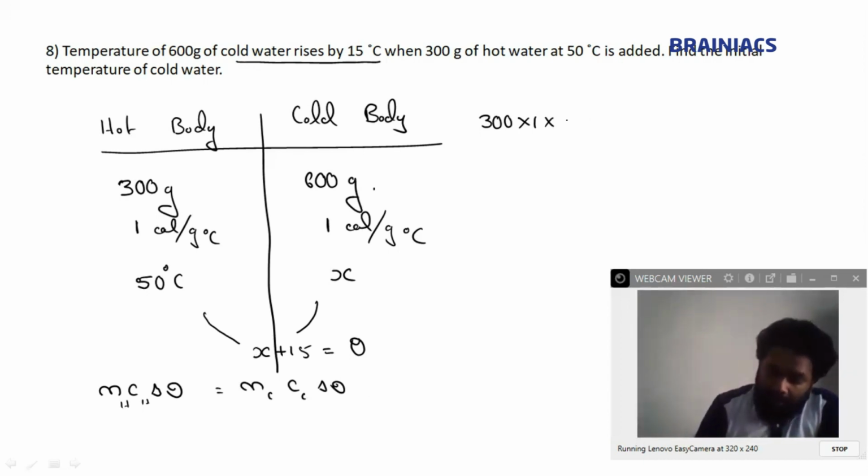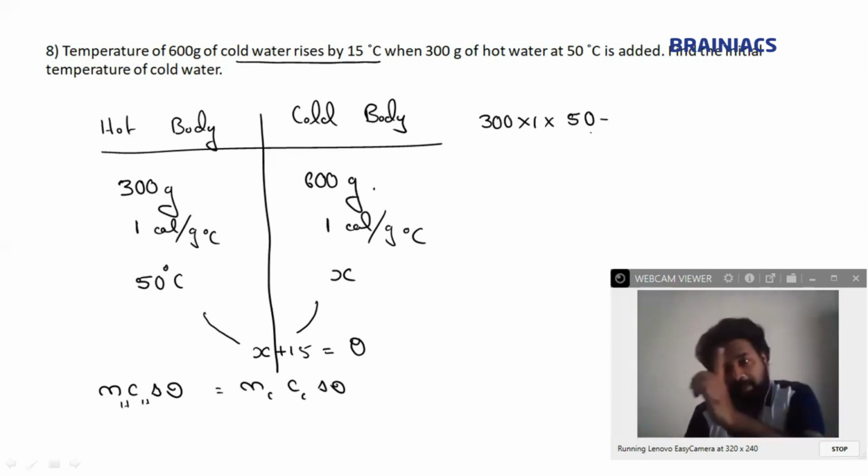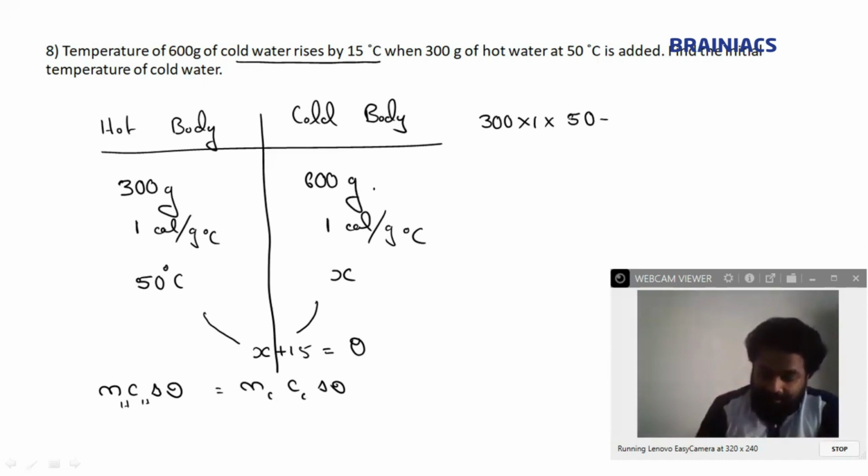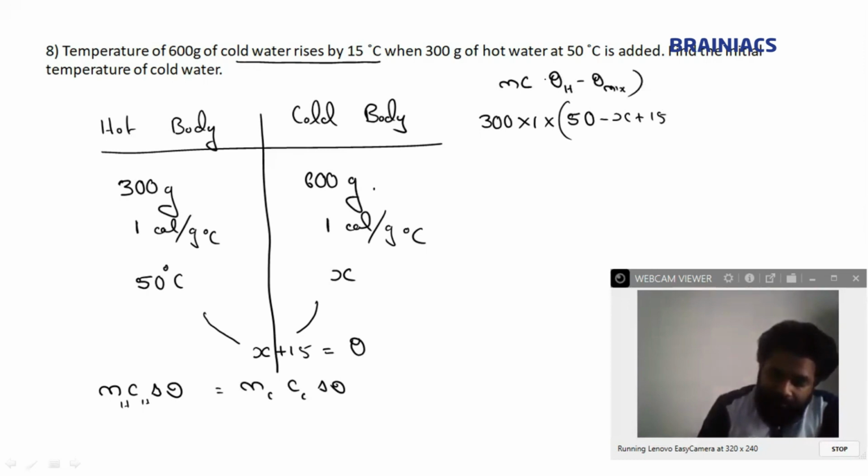So 300 into 1. Now 50 minus what? It should not be X, because X is actually the temperature of cold water. It should be 50 minus theta, and theta is X plus 15. So MC into the higher temperature minus the mixture temperature is equal to MC into the mixture temperature minus the temperature of cold water.